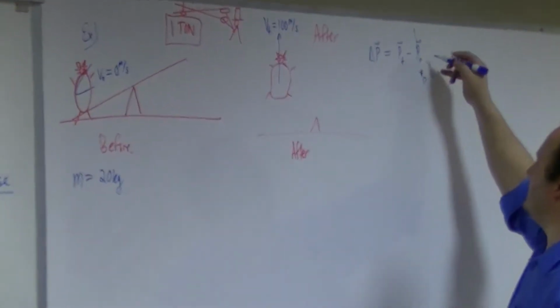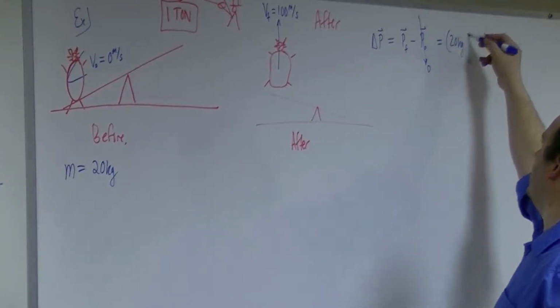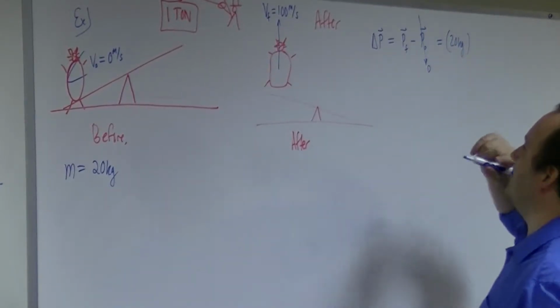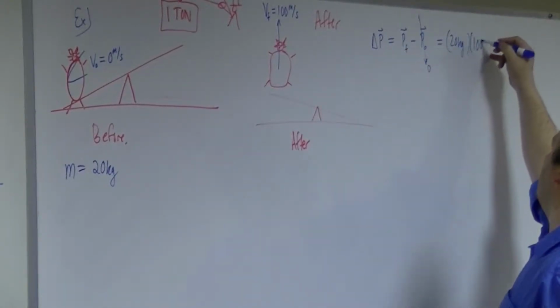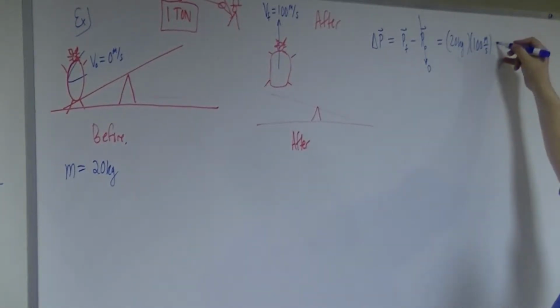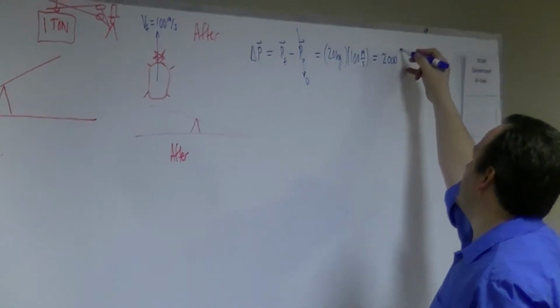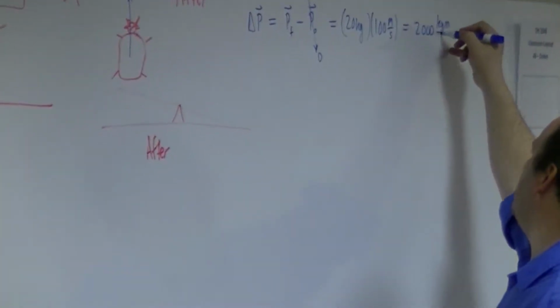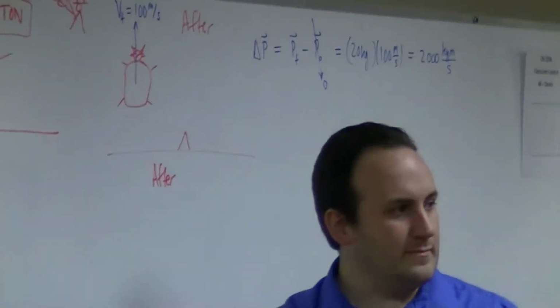So this is just 20 kilograms times the final velocity, which is 100 meters per second. Which is 2,000 kilogram meters per second. So kilogram meters per second is the typical unit of momentum.